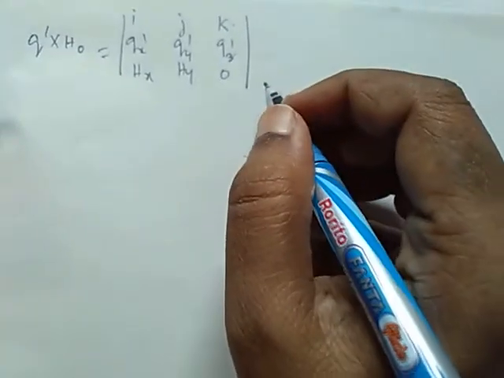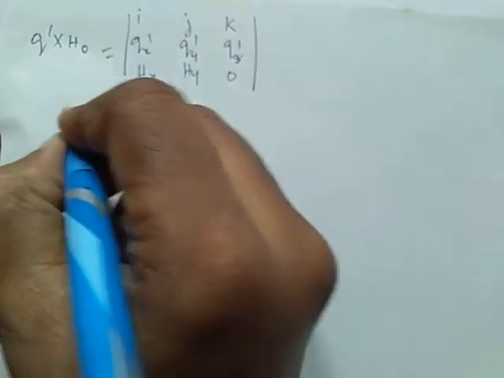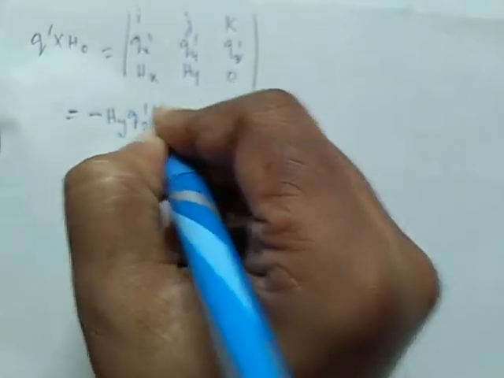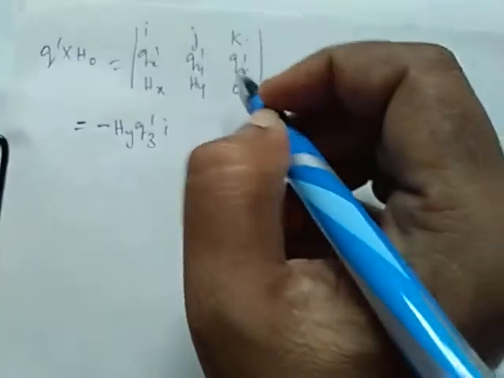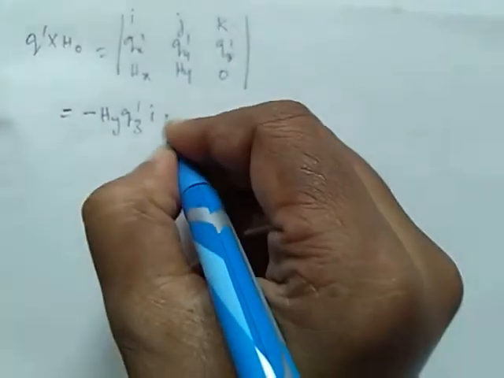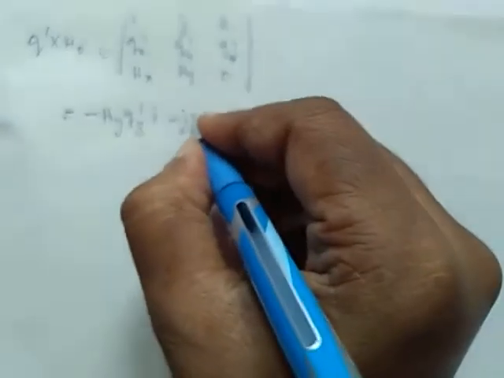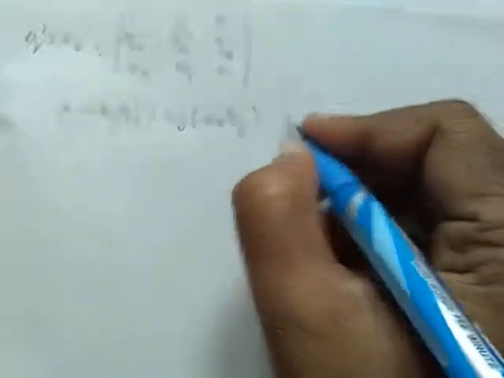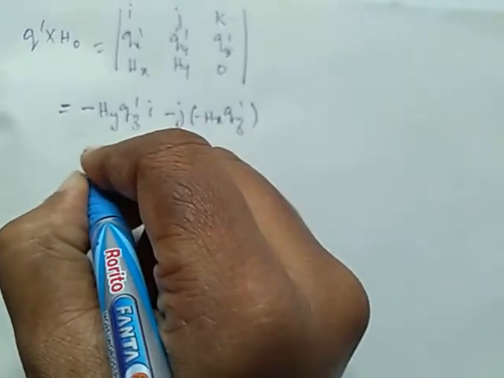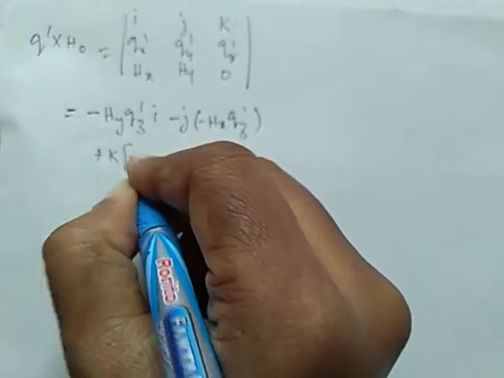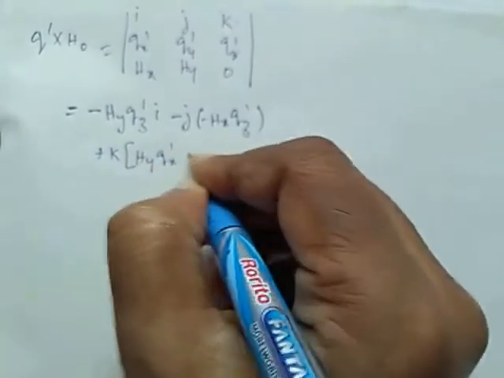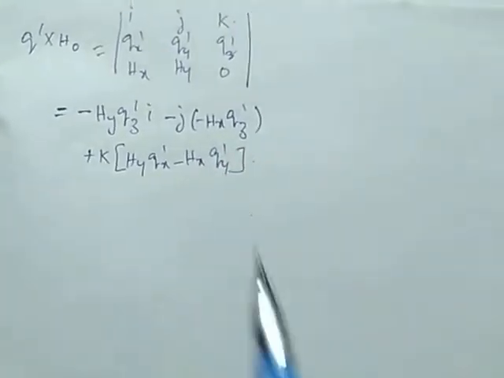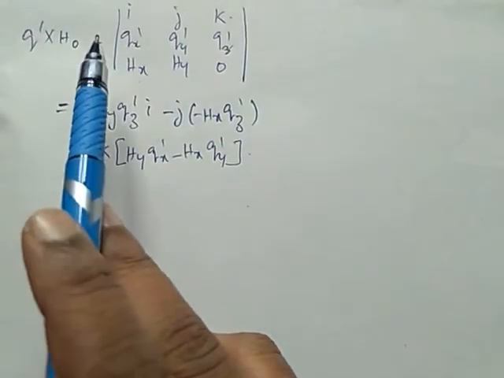When we expand it, we will have minus hy qz dash i, the product of these two terms, minus j of minus hx qz dash, and finally k is hy qx dash minus hx qy dash. So this is our q dash cross h naught.